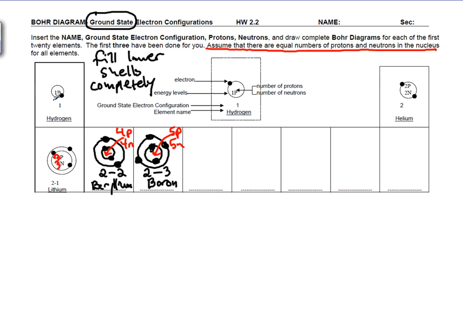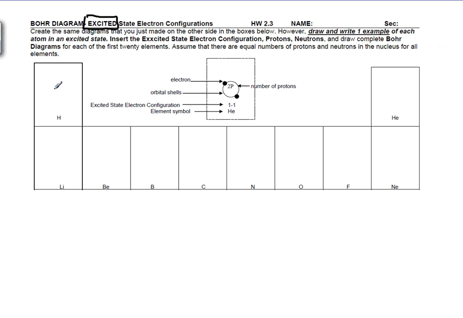If we want to excite this electron, we would just have to bump it up to another shell. Now there's only one circle written here, but we could just bump it up by just adding another circle. So a way to do that is, okay, here's our 1 proton, and it was originally in that first shell, but instead I'm going to draw another shell and draw that 1 electron now in that second shell.